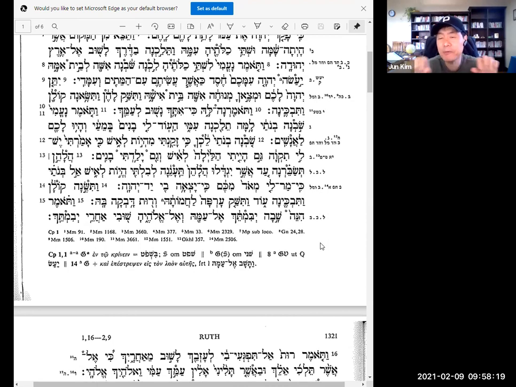So it's different understanding, but simply, we can say that Septuagint and Vulgate are using variant reading as Kere. So they are not really following Kere, but Kere is identical to Septuagint and Vulgate.